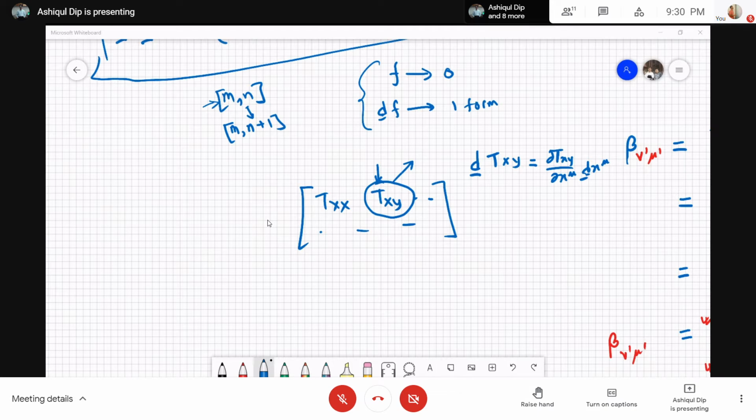Otherwise, you cannot take the derivative. But this derivative is defined everywhere. You see what I'm saying? You need an extra structure on the space to take an arbitrary derivative, but for this kind of derivative, we do not need anything else. That's the advantage of the exterior derivative.